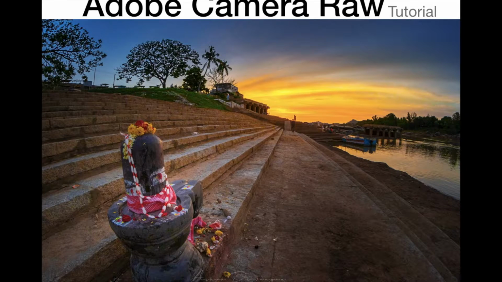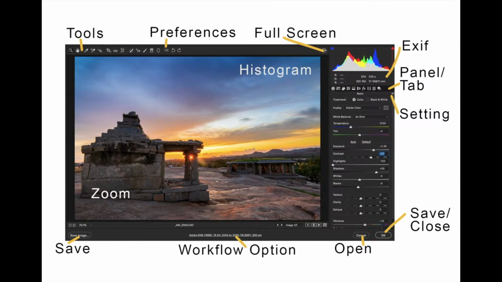Before that, let's see the work layout of the Adobe Camera Raw. The layout which you are seeing is the layout of Adobe Camera Raw. On the left hand side there is a tool, and then there is a preference. We will learn each of the tools in depth. This is a full screen view, and then there is a histogram, and then you can see the EXIF or metadata of your file.